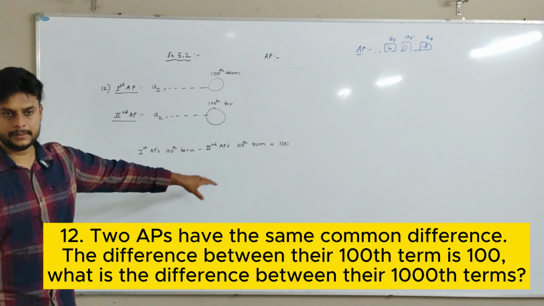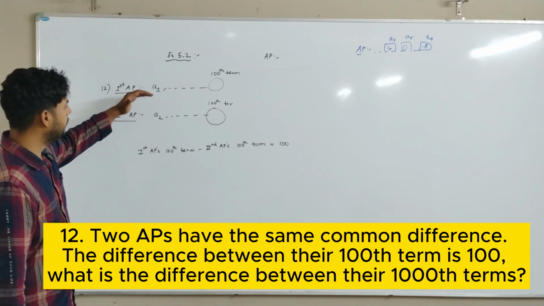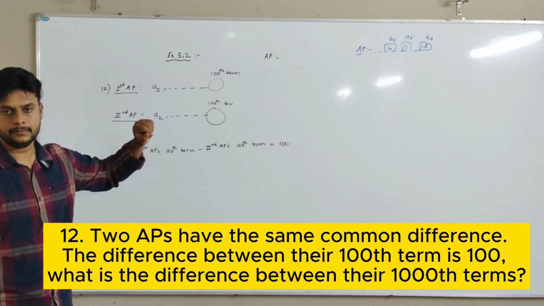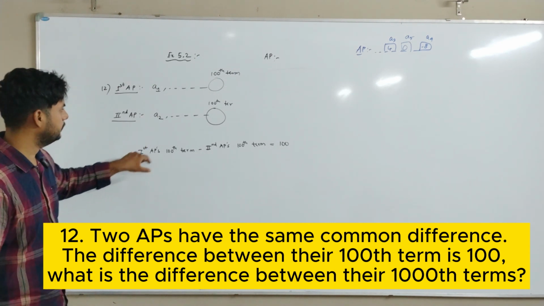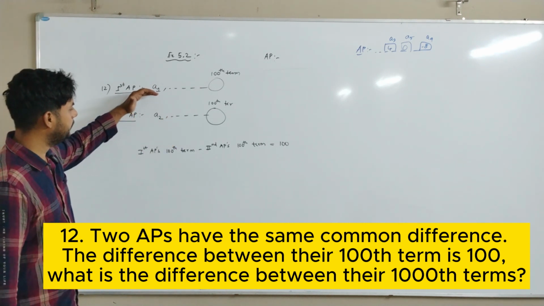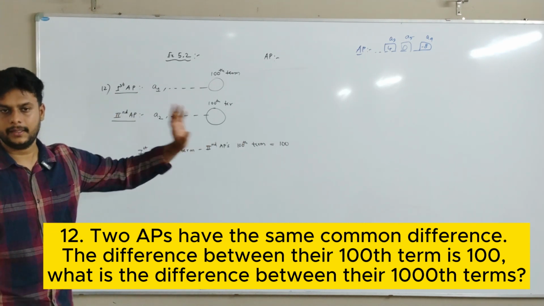Basic, easy to understand. Read that once again: the difference between their 100th term is 100. So the difference between the first AP's 100th term and the second AP's 100th term is 100.